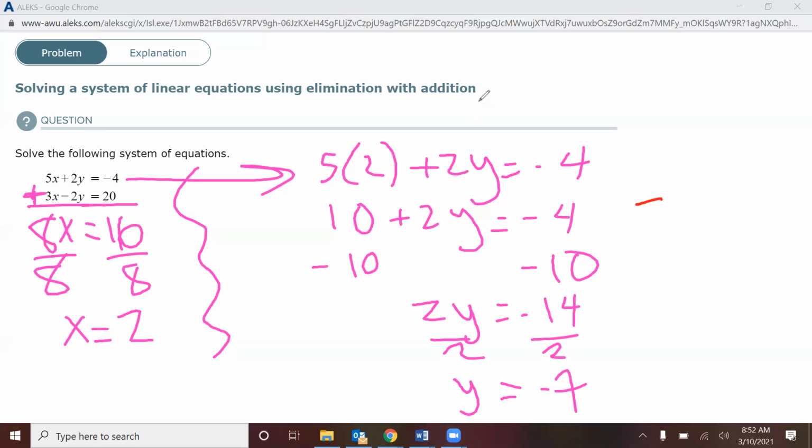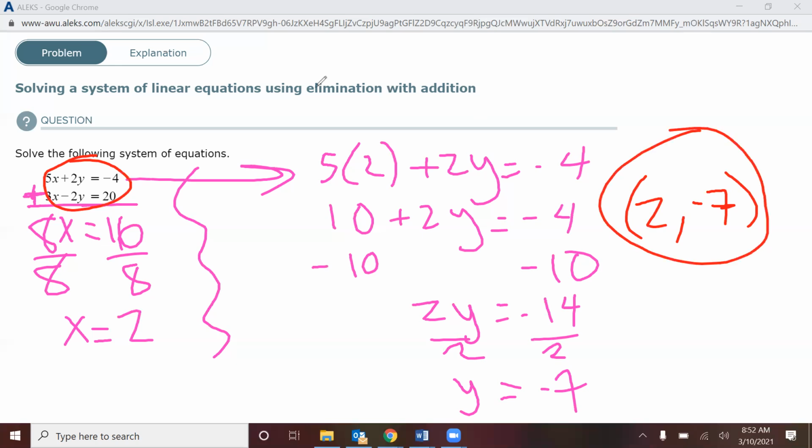So the final answer will be 2, -7. If I were to graph the two lines, this would be the intersection point.